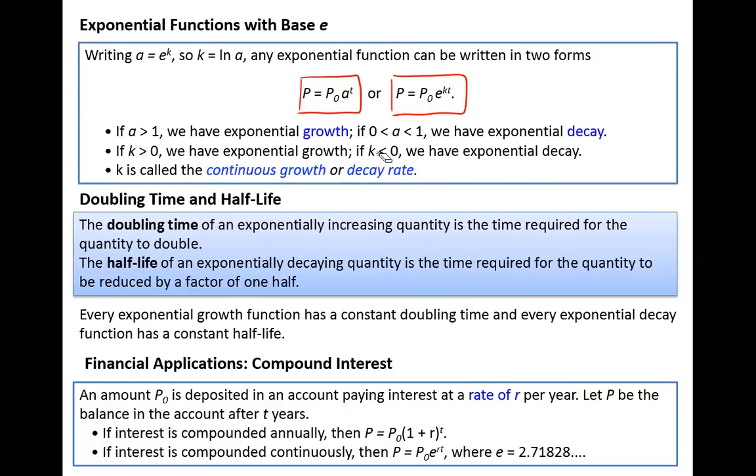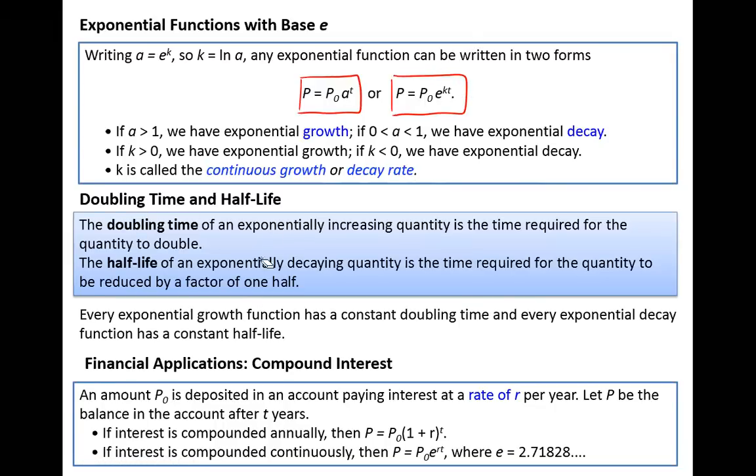If k is negative, we do have exponential decay, because we will have, for example, e to the power of -1, -2, -3, which will be less than 1 as a base of the exponential, and we remember, if the base is less than 1, the function is decreasing. We have to remember both of the formulas and know how to compare them.